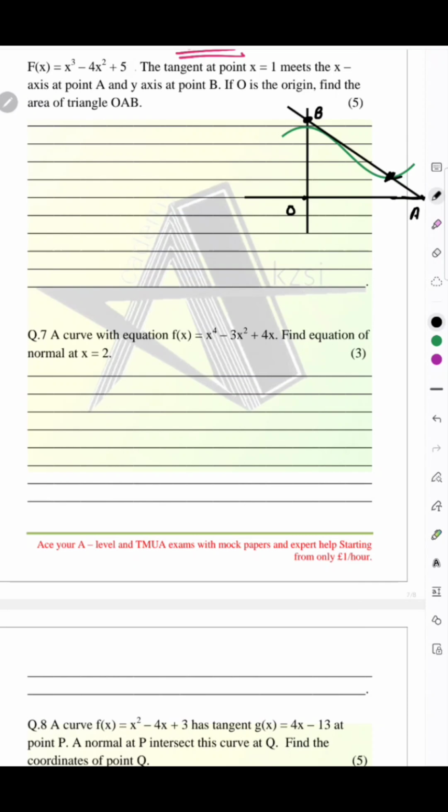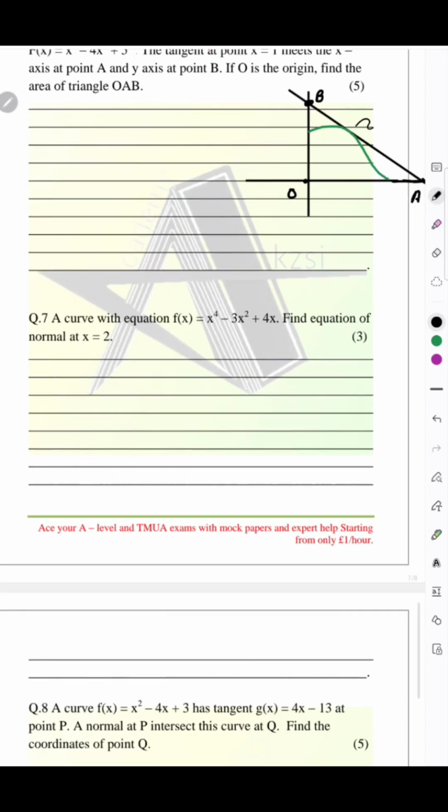So let's say this curve looks like this, for example. I'm just drawing it randomly to make you understand exactly what they are saying: this tangent is at x equals 1, and this tangent is meeting the axes.